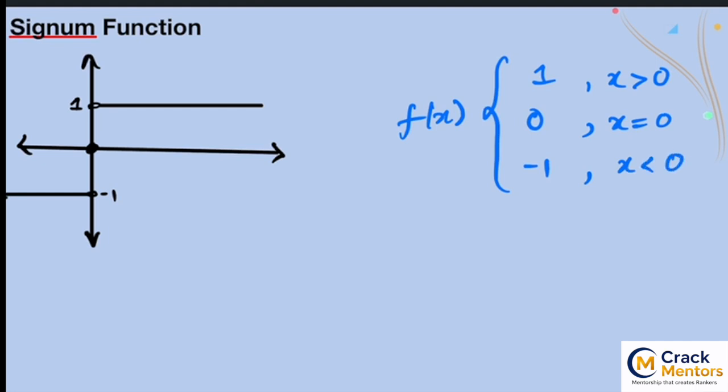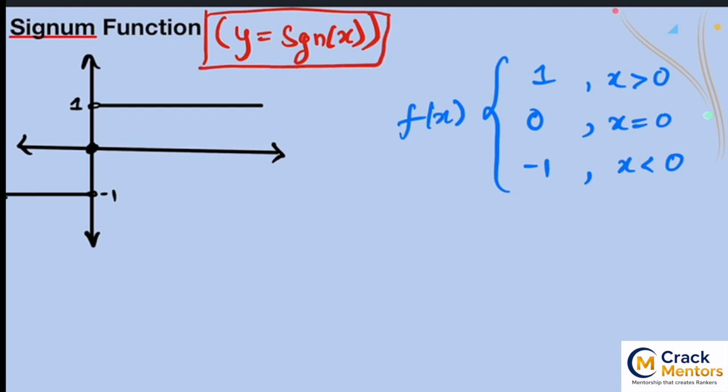It is very easy. It is represented as y equals sgn of x. The graph is like this: at 0 its value is 0, for positive its value is 1, and for negative its value is minus 1. y equals 1, y equals minus 1.